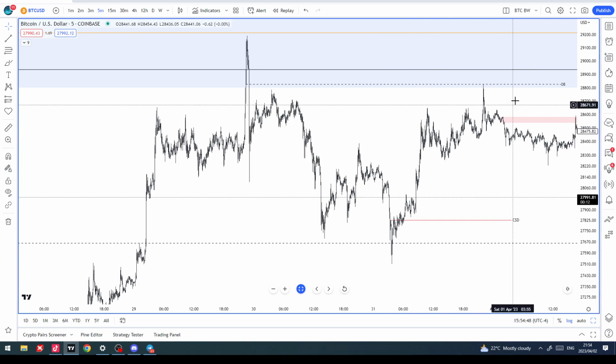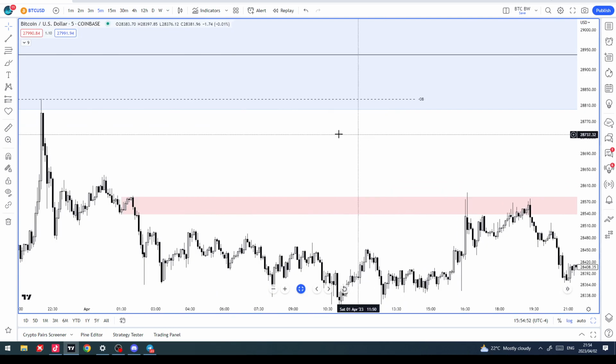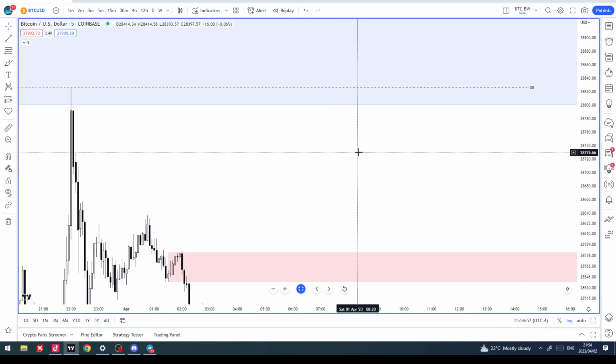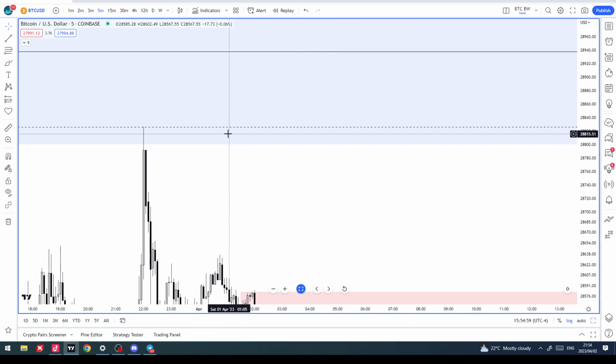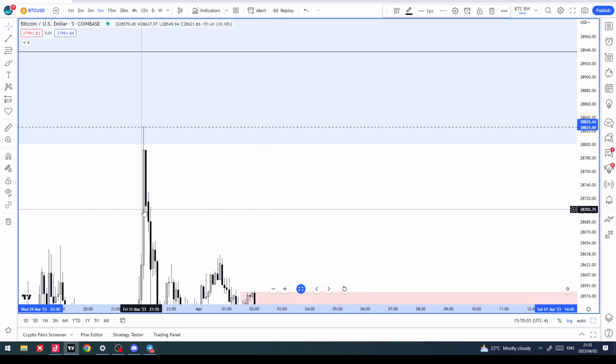Right. Now this is where you get precision coming in, right? Look at that. What did it do? My OB is 28.825 or so, right? What's the high on this? 28.82645.